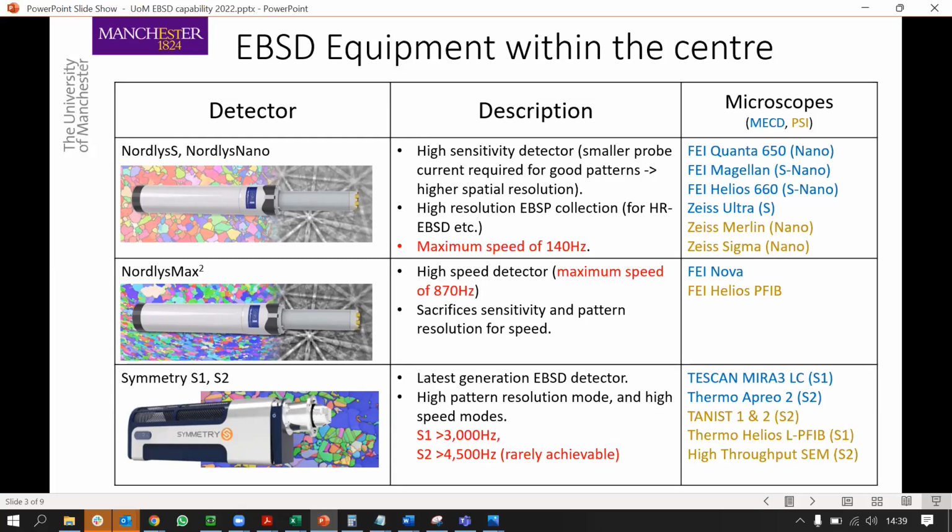So we are getting up to 3000 hertz, or maybe 4.5 thousand on some of the S2s, but yeah, the sample has to be right: single phase, large grains helps. And this is the distribution of the microscopes and where they are and what they're on down the side.